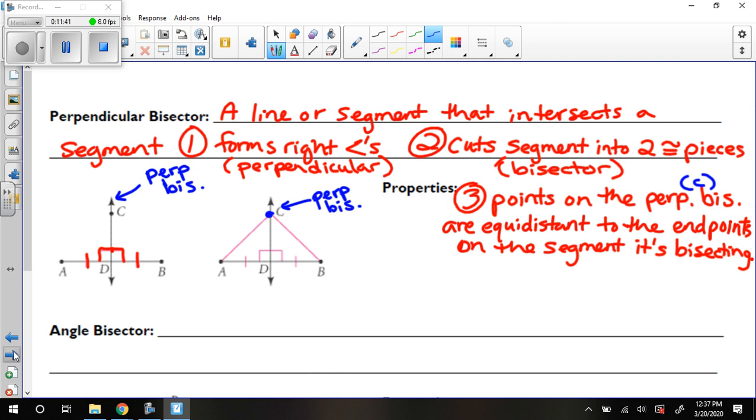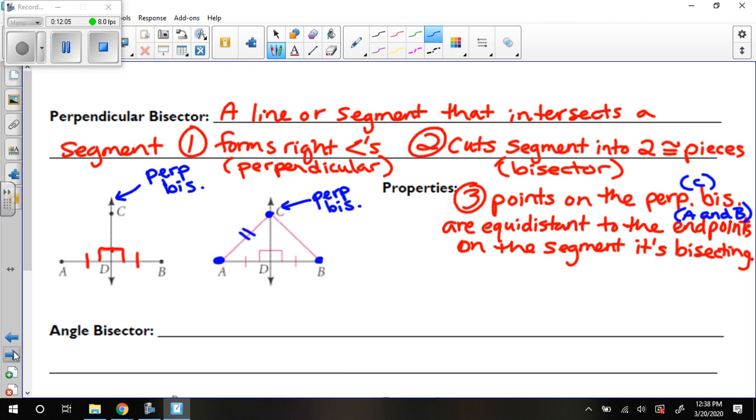The segment that we're bisecting here is AB. So here's my endpoints. Okay, so my endpoints are A and B. And it says they're going to be an equal distance to that point that's on our perpendicular bisector.